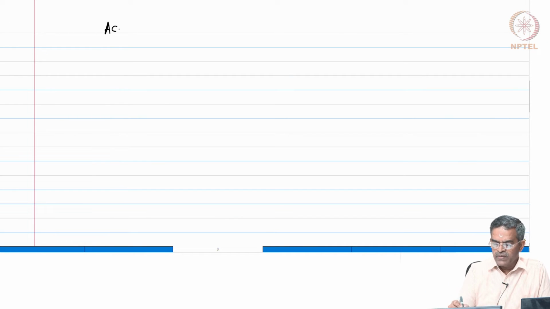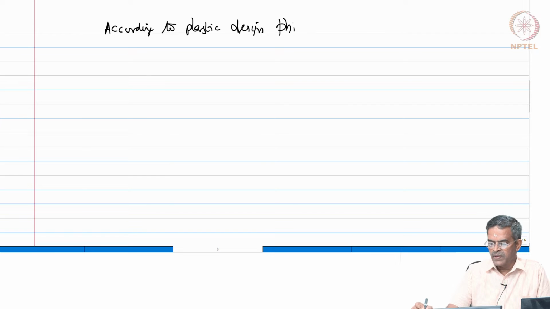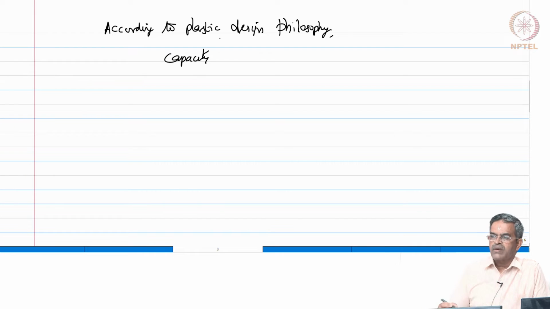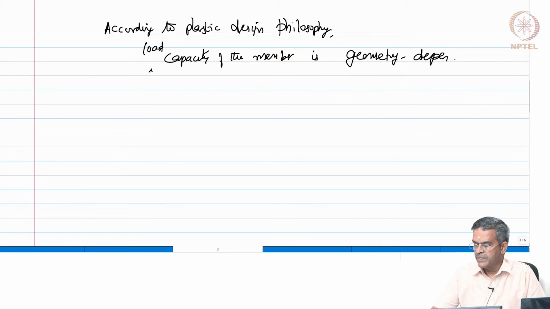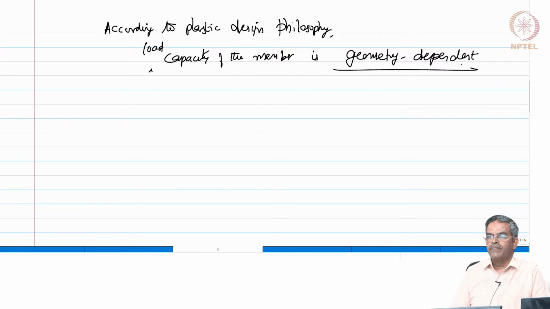So, friends, according to plastic design philosophy, the capacity of the member, let us say very clearly, the load capacity of the member is geometry dependent. It is not load dependent.